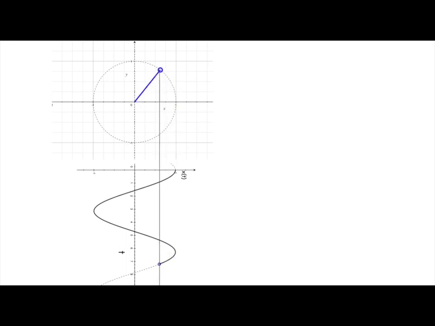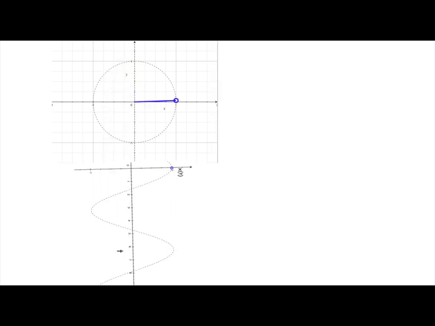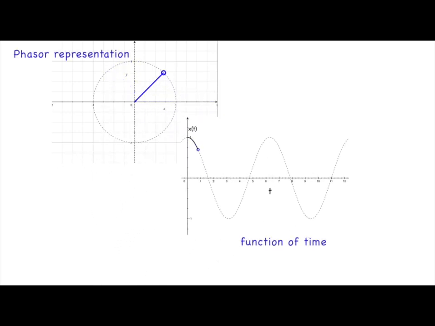So as we plot that out, our phasor rotating around at a constant angular frequency will trace out a cosine wave. And when we look at that with the time axis along the x direction, we can see just a traditional cosine wave and the relationship between our time-dependent function and the phasor that we can use to represent it.